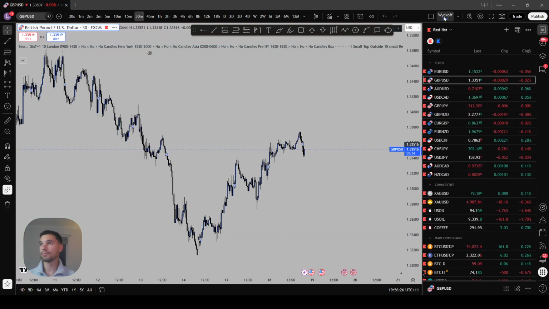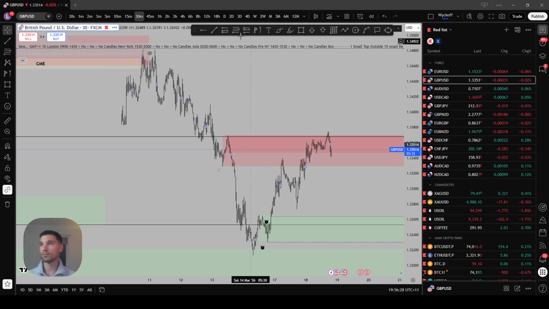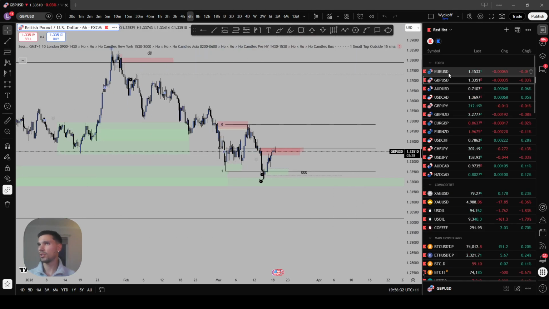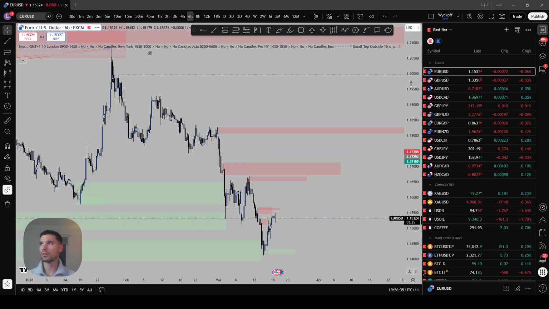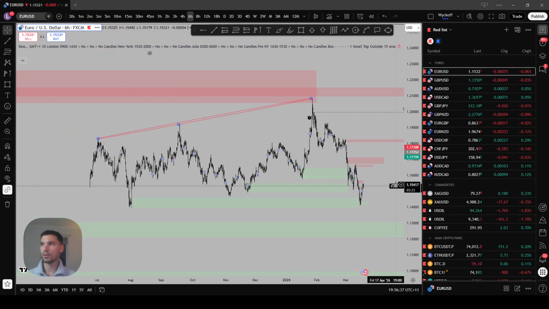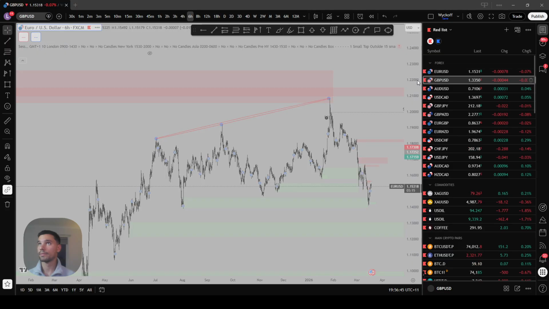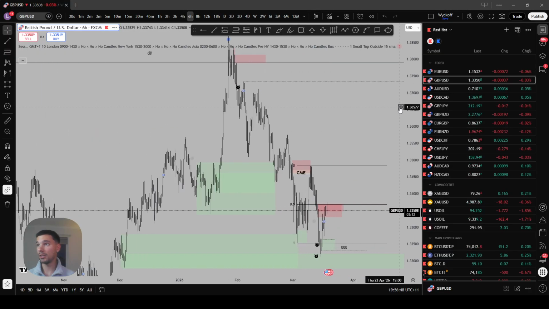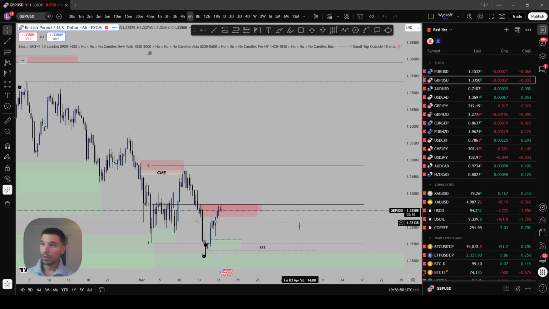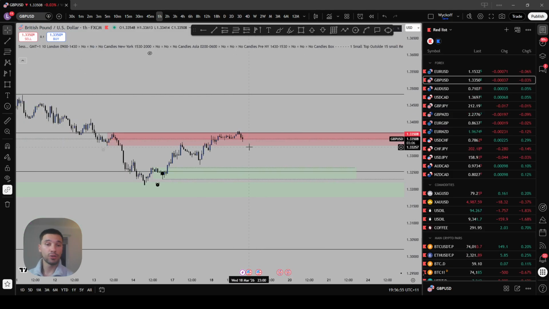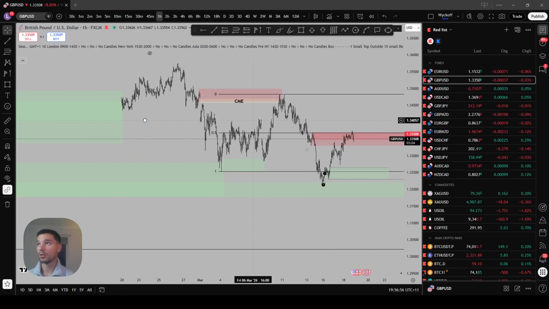GBP USD. Just want to double check if we went in a. Yeah, GBP USD, we do have this potential higher time frame accumulation forming as well. We are slowly pushing through this supply POI.